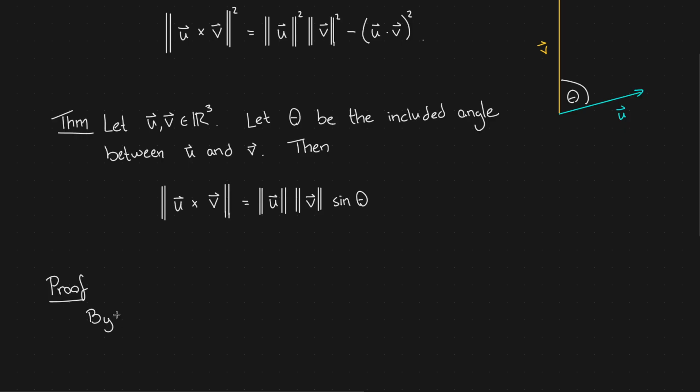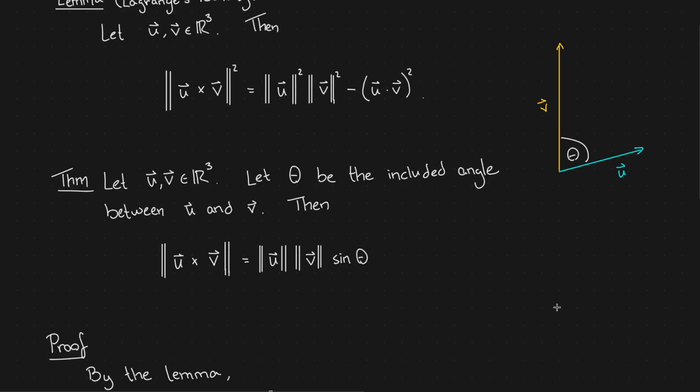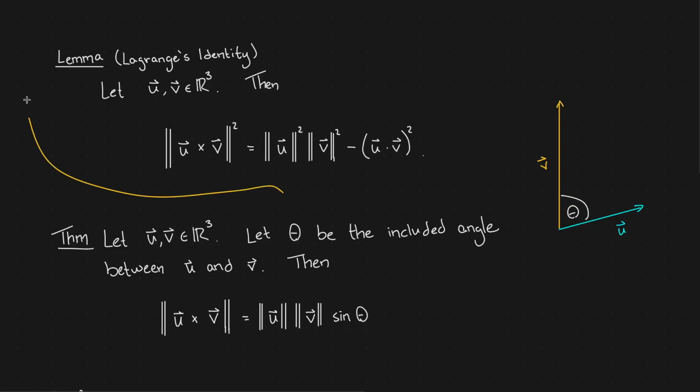By the lemma, the norm of u cross v squared is equal to the norm of u squared times the norm of v squared minus the dot product of u and v squared. So all I'm doing is using the lemma here, Lagrange's identity.